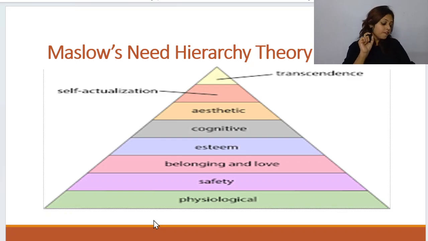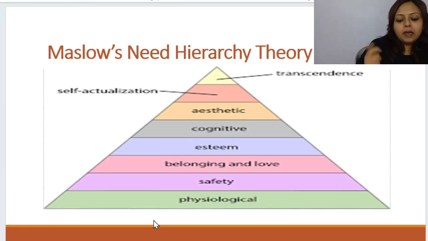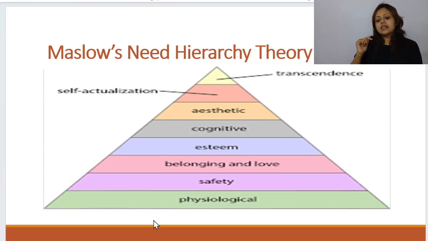This is the final addition that Maslow made, and he considered this need as one of the most important needs, and this need mainly refers to a process through which an individual comes up with their full potential.